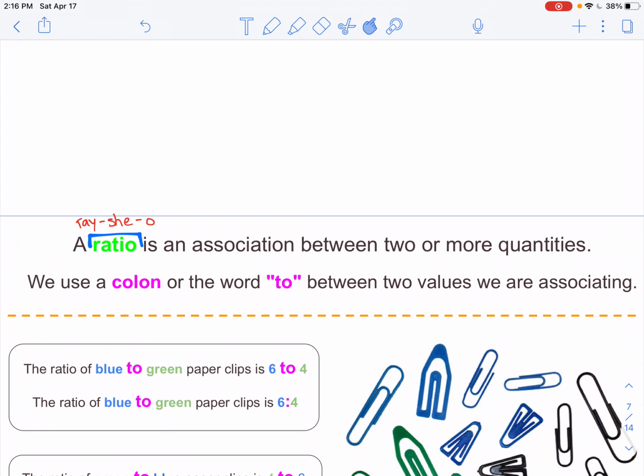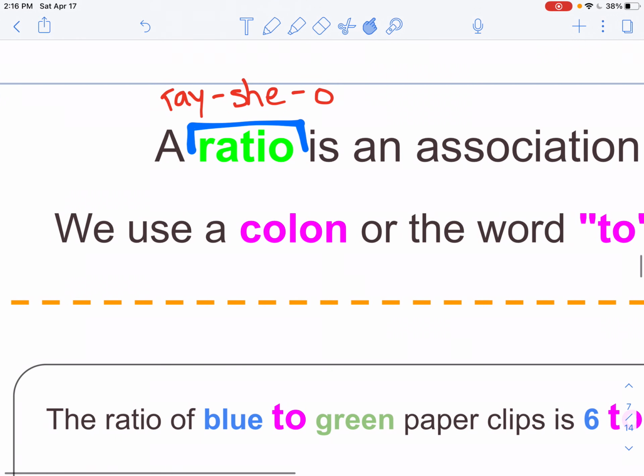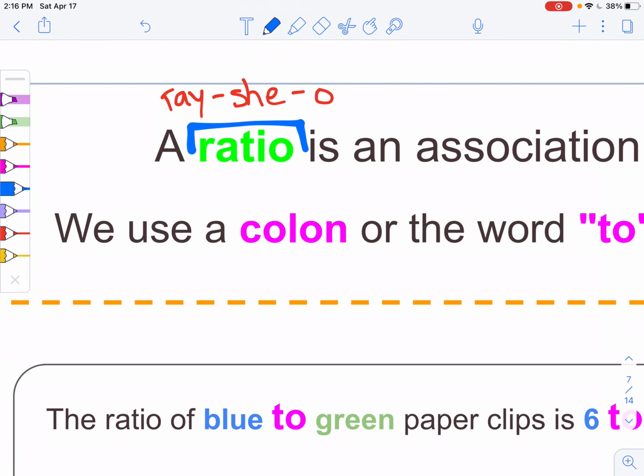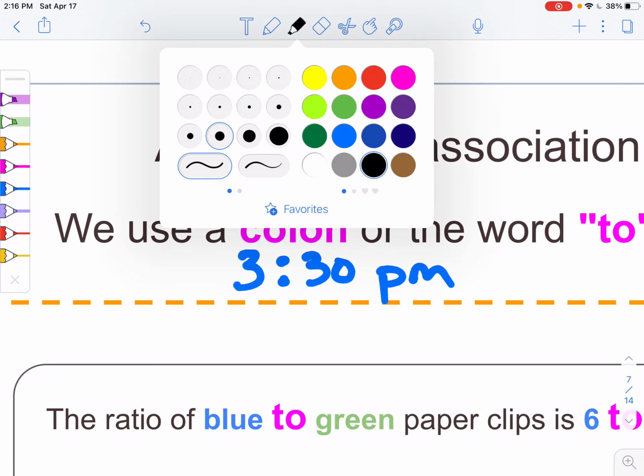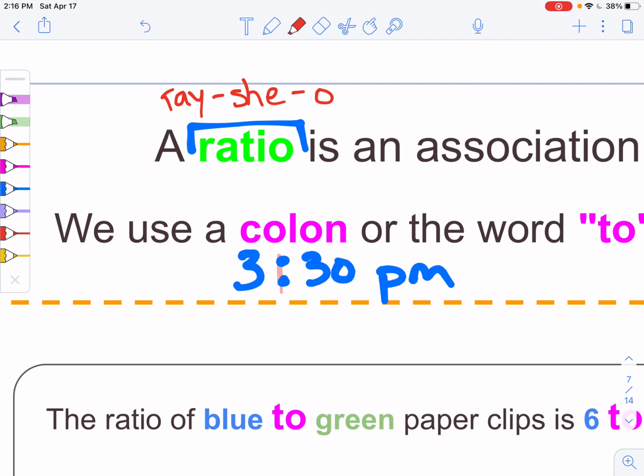There are 2 ways that we can write a ratio. We use a colon. You see colons all the time in time. So here's the time, 3:30 p.m. The colon is the stacked dots in the middle. I've highlighted them, kind of red. That is a colon, the 2 dots that are stacked.